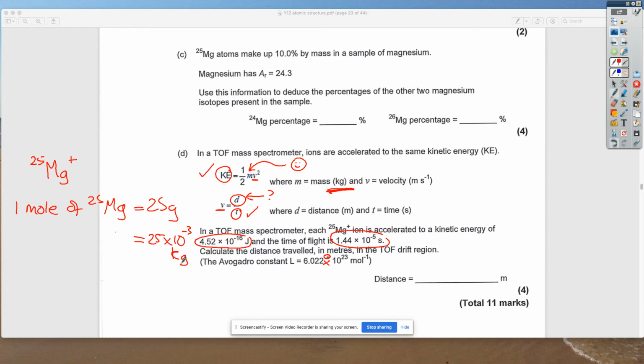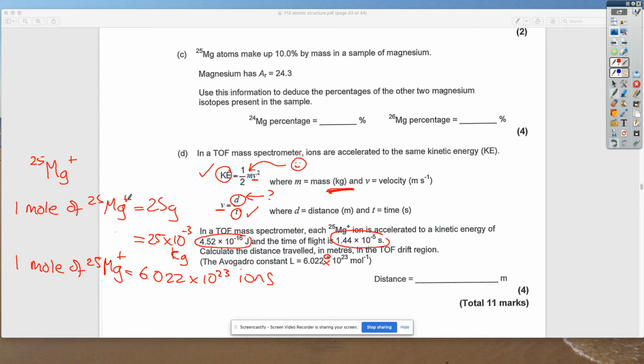So also, 1 mole of a substance has Avogadro's number of particles in it. So I can also say that 1 mole of 25 mg is 6.022 times 10 to the 23 ions, and we'll put the plus back in. So if I know how many ions I've got, and I know what the total mass of all those ions is, then I can work out the mass of 1.